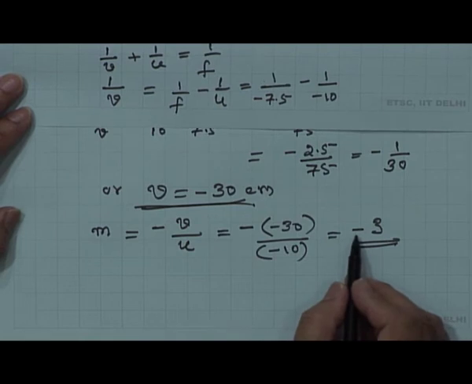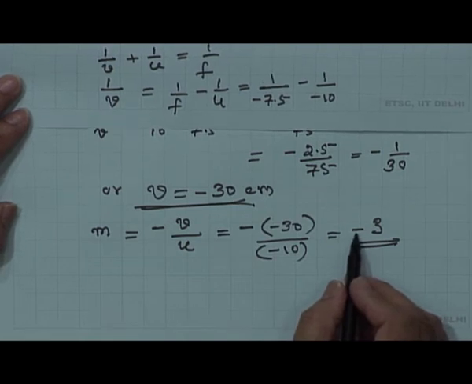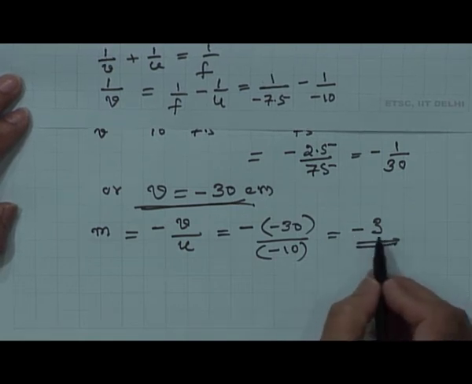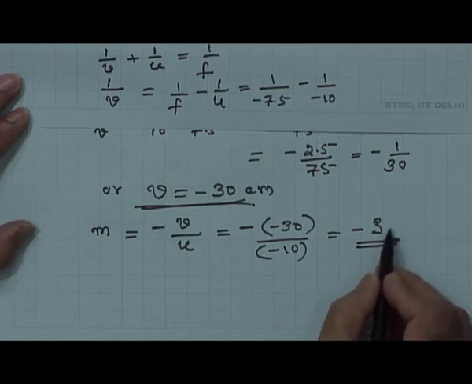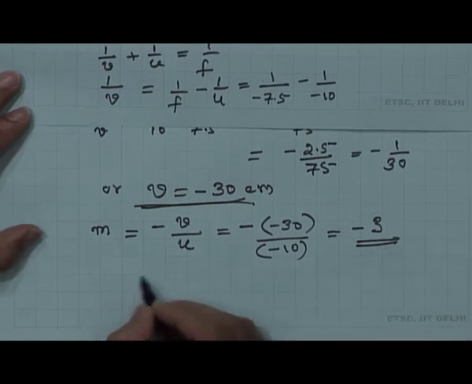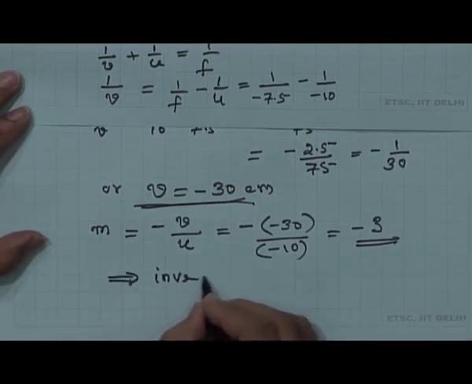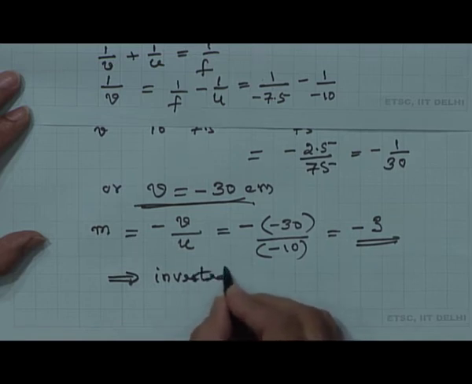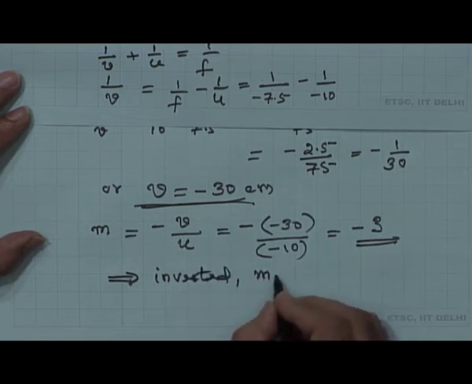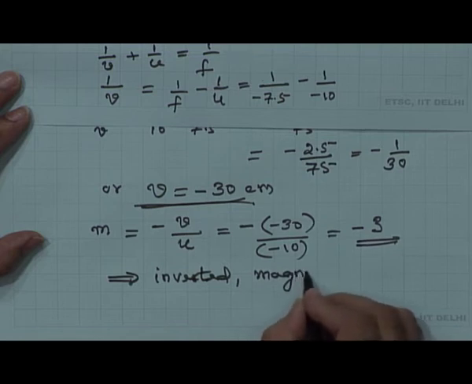So, the negative sign indicates we have an inverted image, and mod M is 3, which is M greater than 1. So, this implies we have an inverted and magnified image, 3 times magnified.